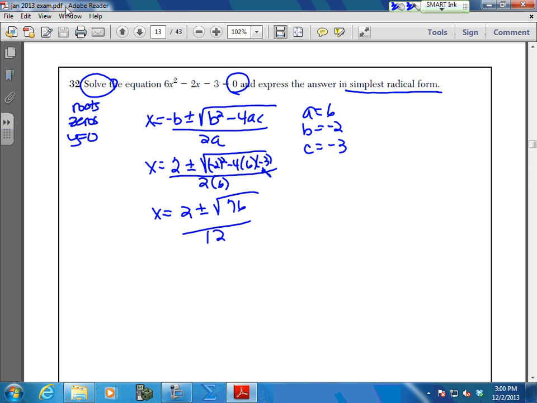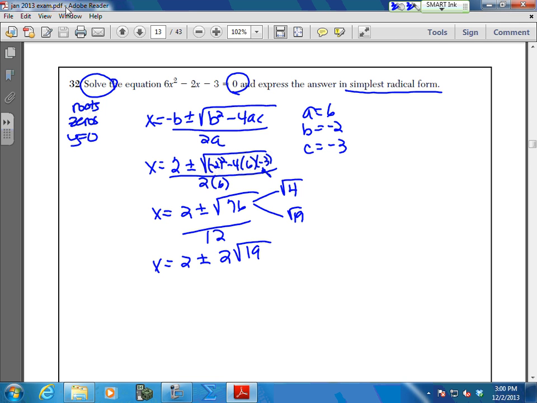Now, they ask simplest radical form, which means 76 has to break down into a perfect square and a not so perfect square. So just start dividing. 76 divided by 2, divided by 3, divided by 4, and we find 4 and 19. So we say 2 plus or minus square root of 4 is 2.